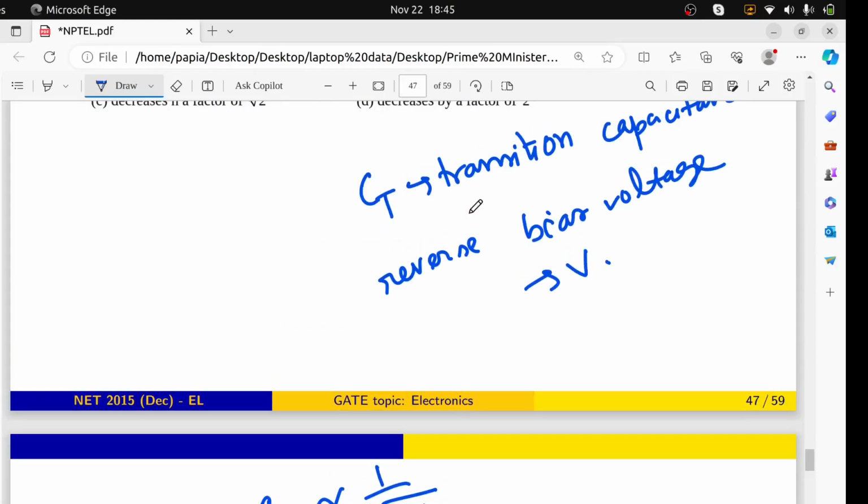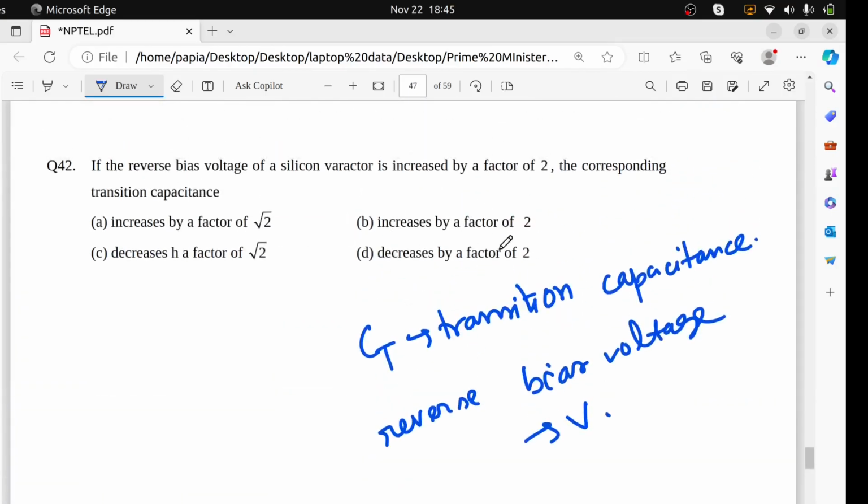Will it be decreased by 2? Will it be increased by 2? Will it be increased by a factor of root 2? Decreased by a factor of root 2? Is everyone fine with that answer?